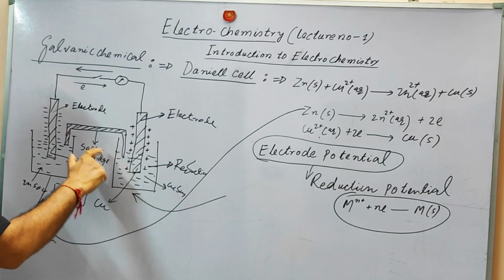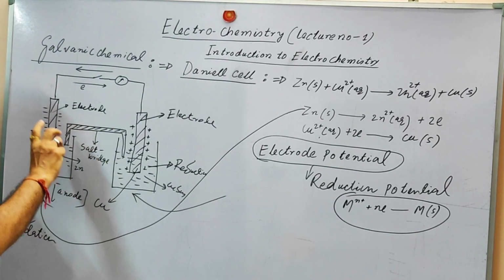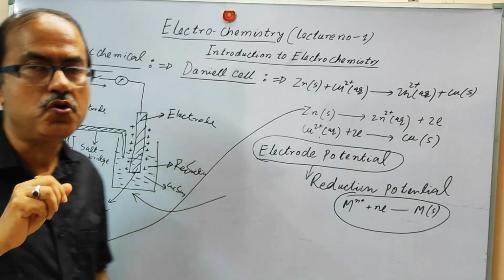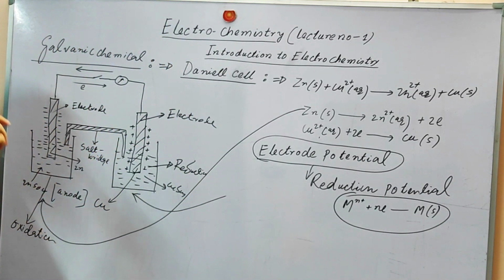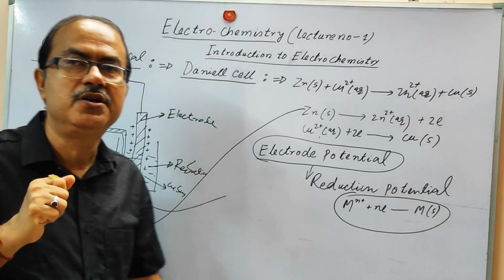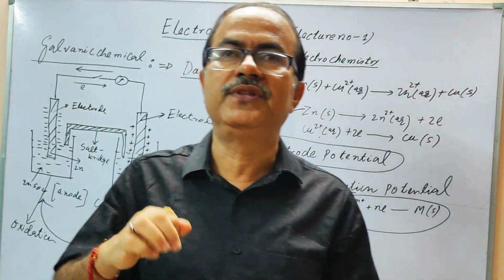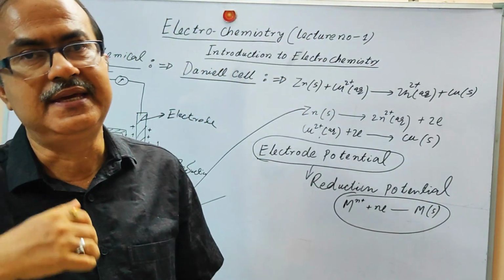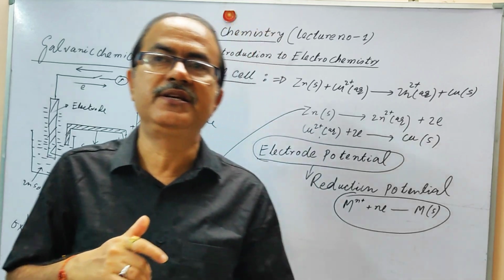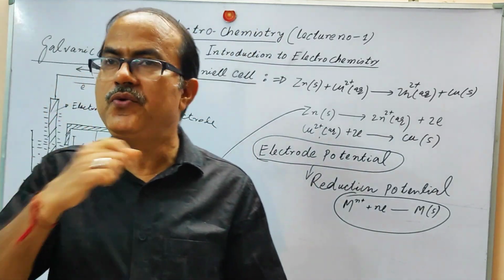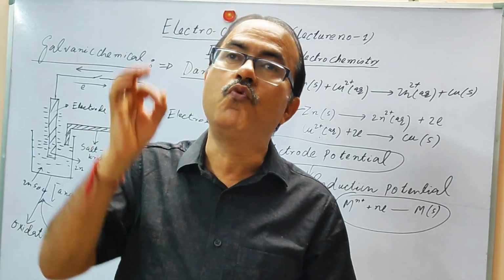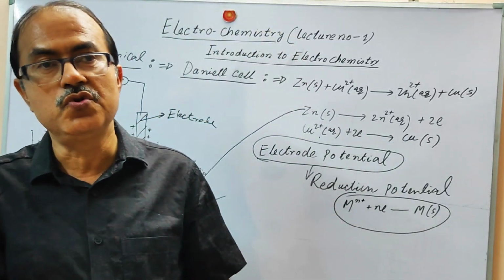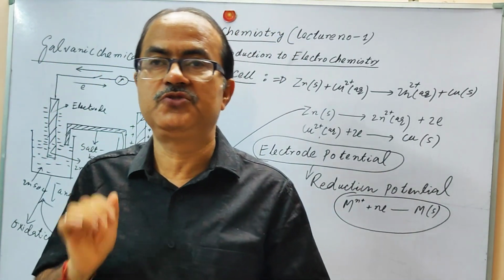So we understand what this salt bridge is. It is basically a U-tube. You can see this is the U-tube, and it contains a concentrated solution of inert electrolytes like KCl, ammonium nitrate, K2SO4. Why are we taking these? There is another logic behind it, because both the cations and the anions have the same speed.